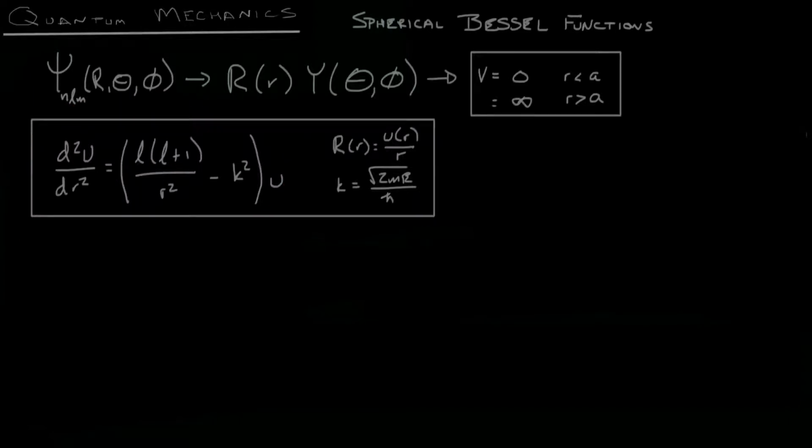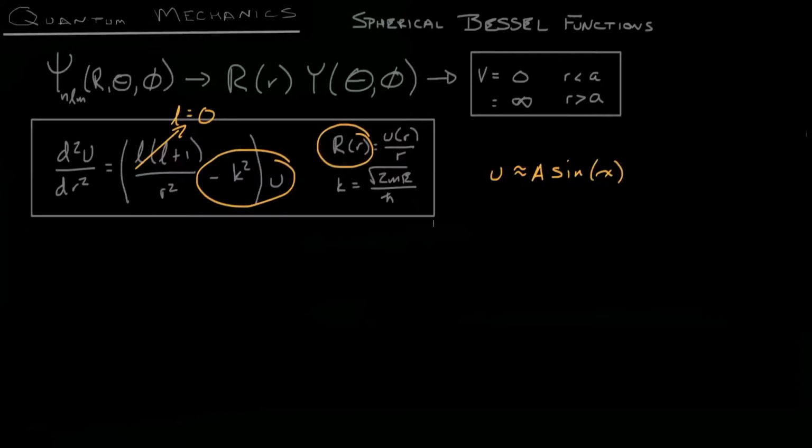Now, the first thing we might do is say, well, okay, let's make L equal to 0, which means this whole term goes to 0. We're left with a negative k squared u, which means we're going to have some u that's of the form a sine of x.